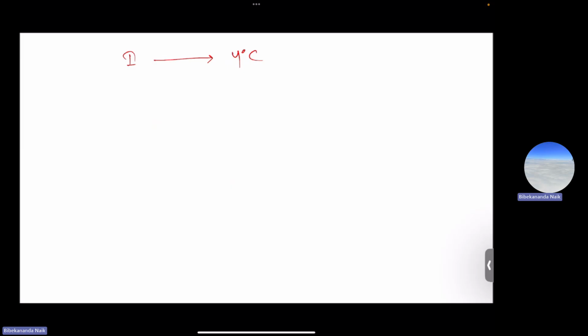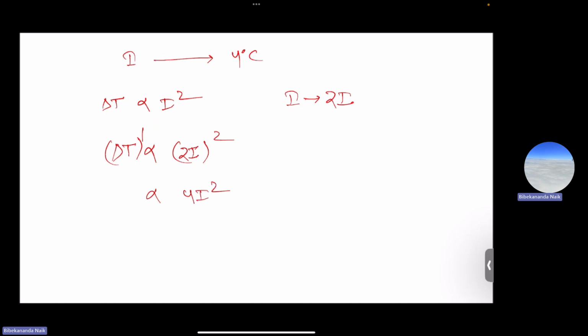So now we found delta T is proportional to I square. So when current is changed from I to 2I, then delta T prime will be proportional to (2I) square. It implies 4I square. So delta T prime will be 4 into delta T.